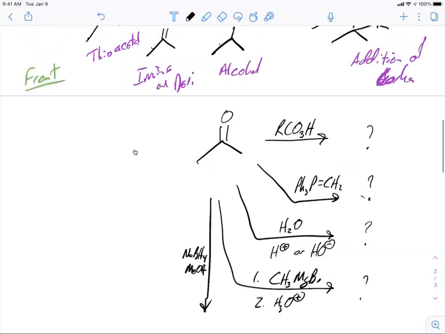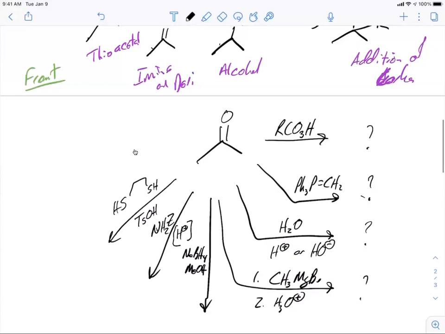Going to the imine derivatives, we're going to use NH2Z, where Z could be an OH, another NH2, or a methyl group, and then trace or catalytic acid. For the thioacetal, we'll use the dithiol with the acid.